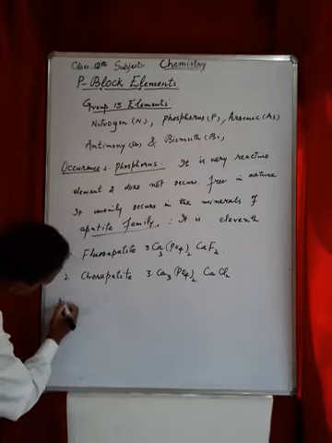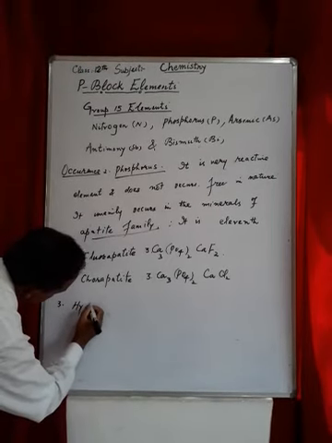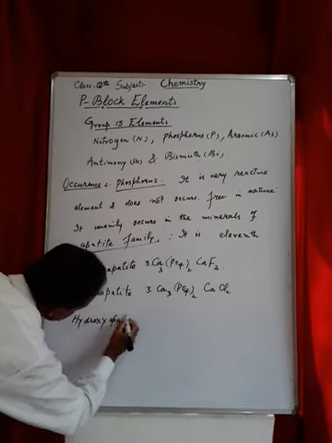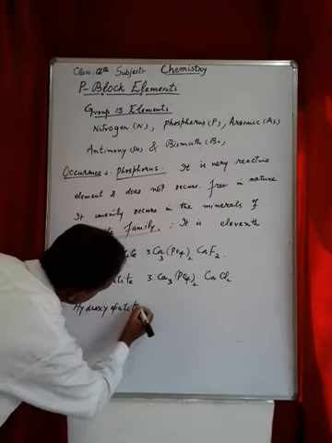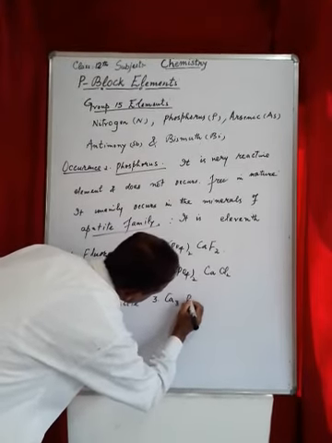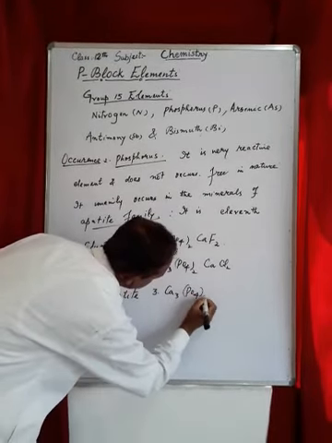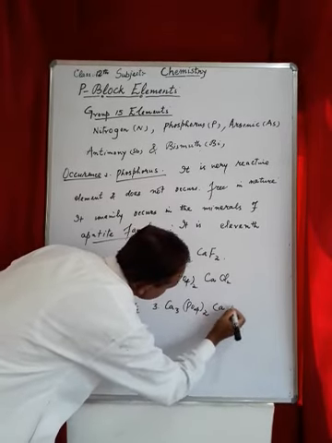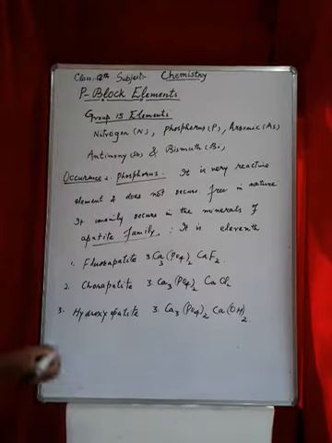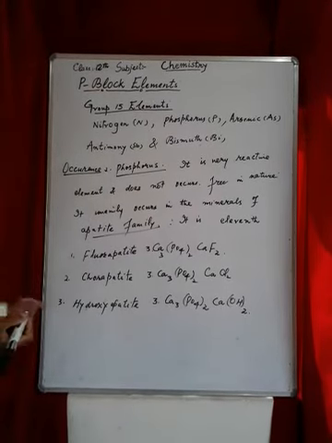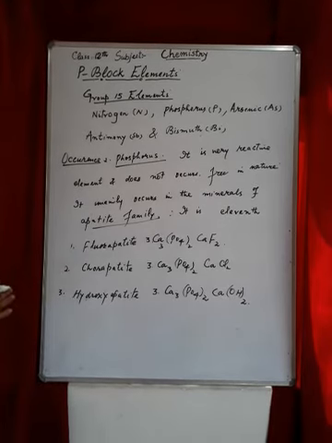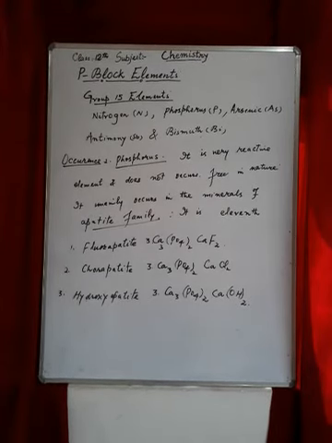Number third is hydroxyapatite, Ca3(PO4)2·Ca(OH)2. So these are the minerals of the apatite family in which this phosphorus occurs.